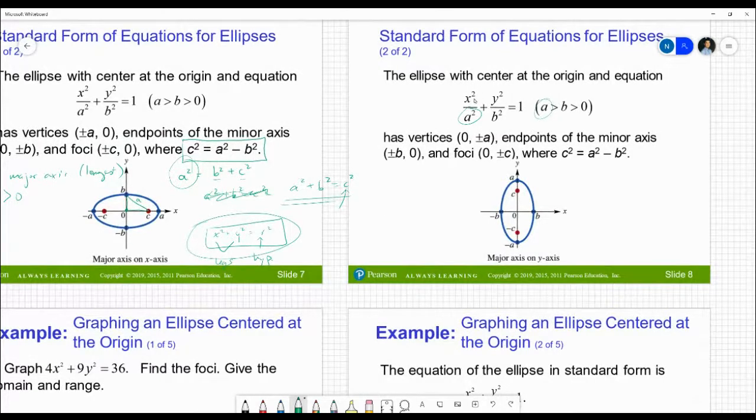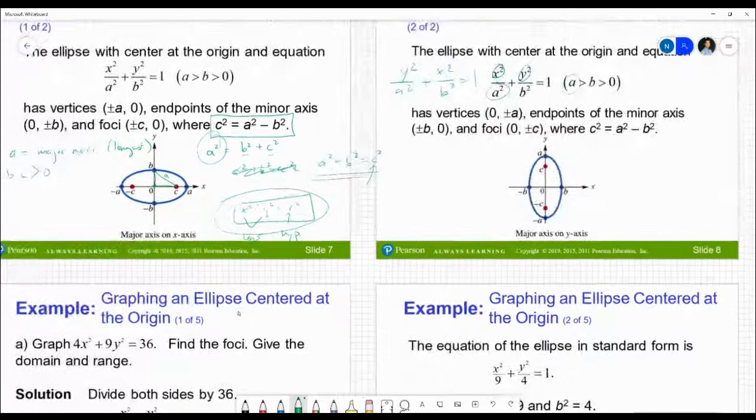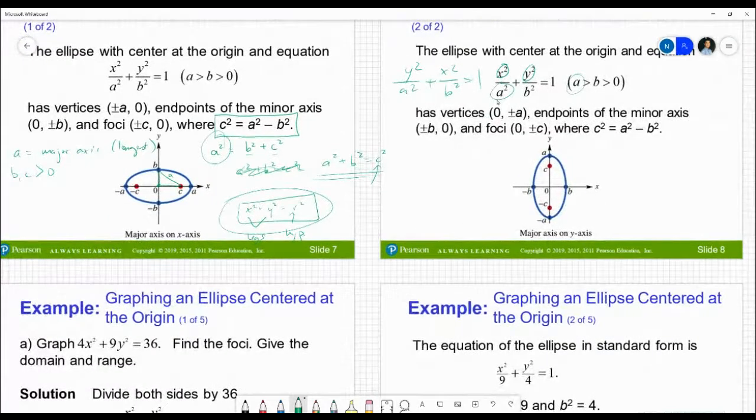Oh, this is wrong, by the way. This is supposed to be y squared over a squared plus x squared over b squared. Oh, that's wrong. It's supposed to be swapped the other way around. Yeah, please make a note of that.